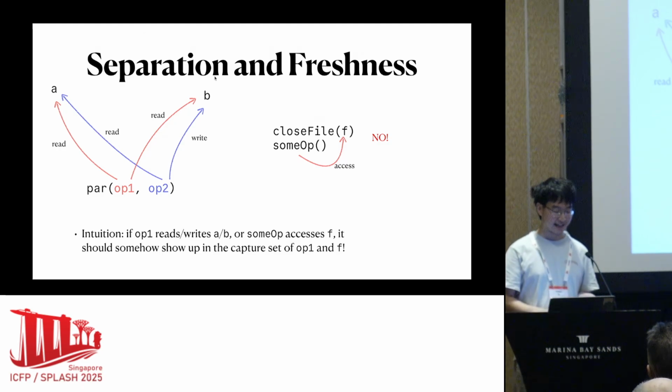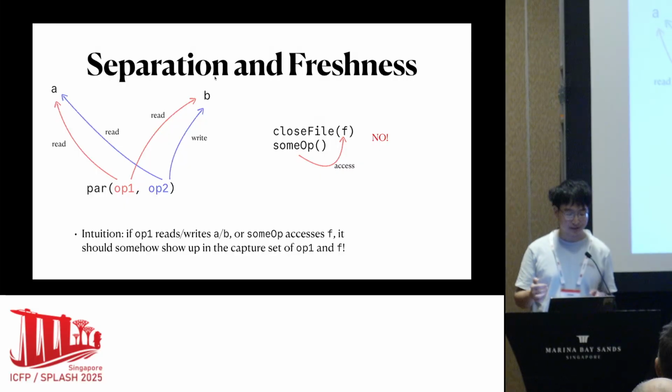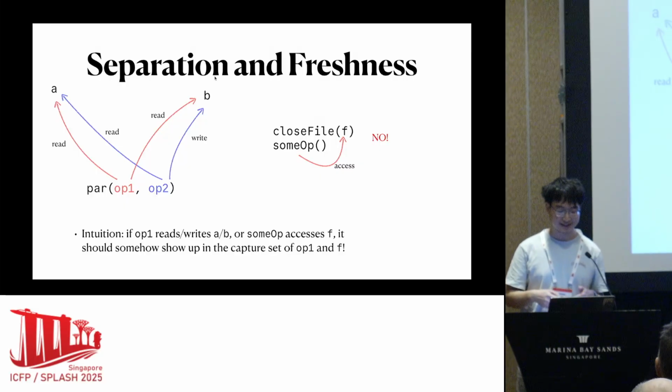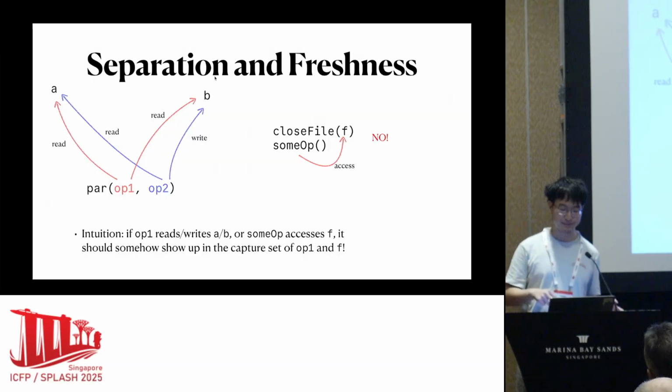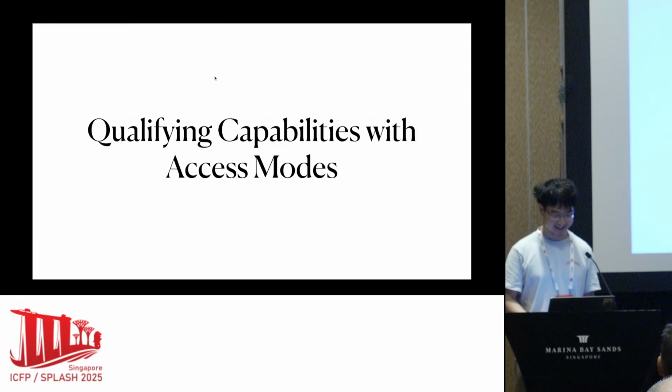If OP1 or OP2 accesses A, or some OP accesses F, then it will be present in the capture set in the type of these values. So we can make use of this information in the type system to prevent these bad accesses, to reason about these separation and freshness properties statically.